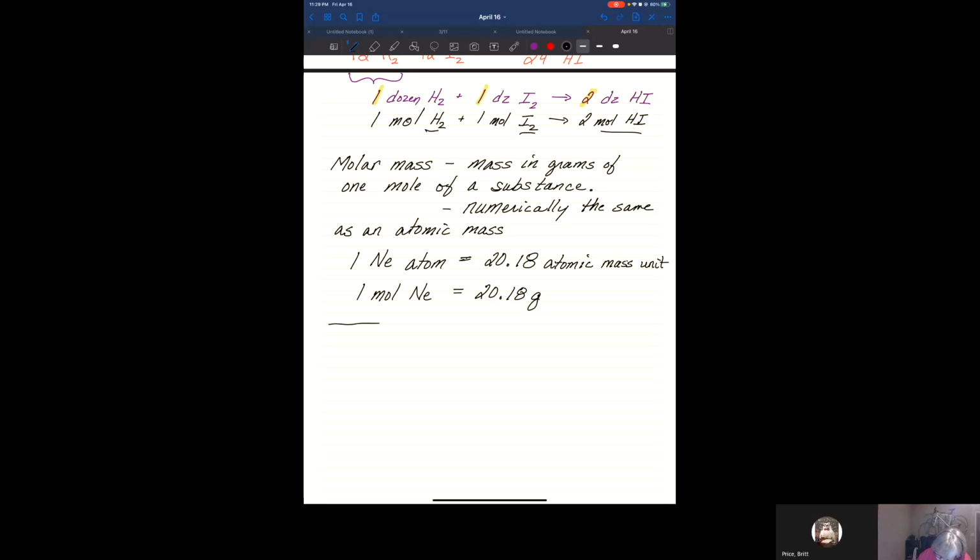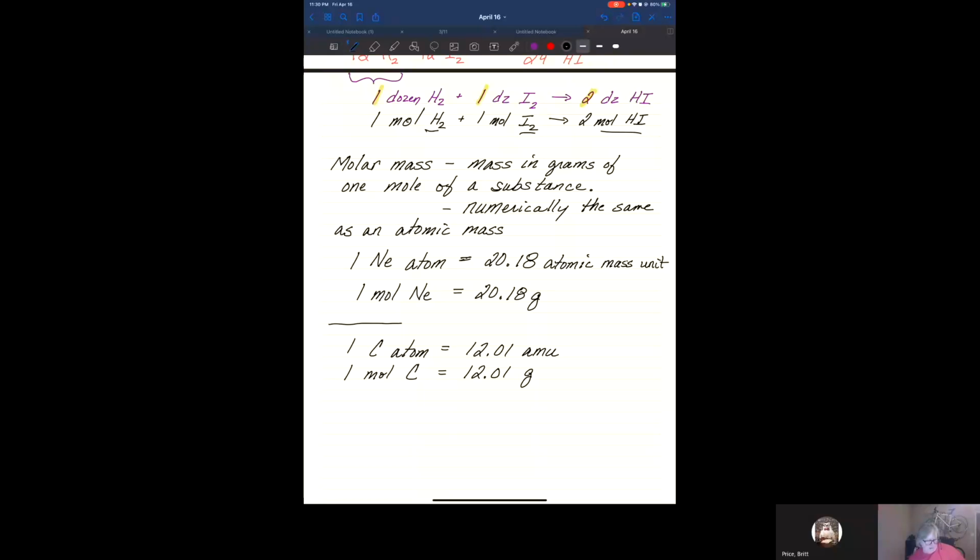And it goes for everything across the board, across the periodic table. 1 carbon atom has an average mass of 12.01 AMU. 1 mole of carbon is 12.01 grams.